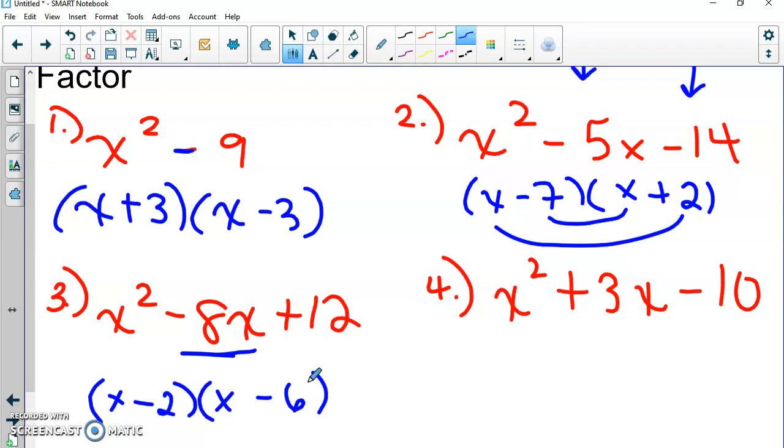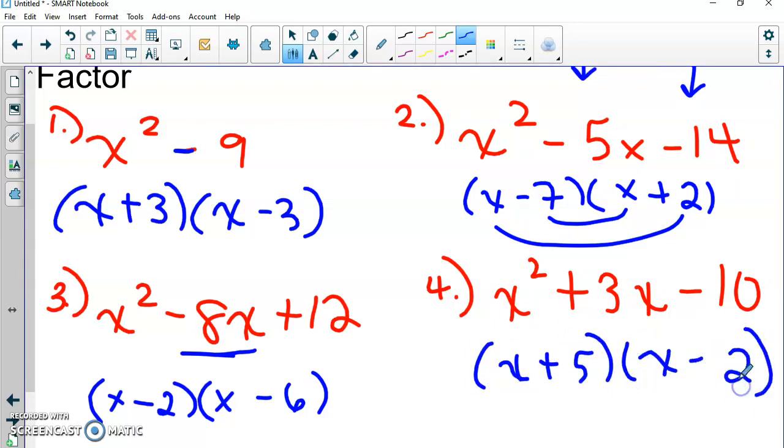All right, and the last one, 2 numbers that multiply to get negative 10, and their sum is positive 3. So this one's going to be x plus 5 and x minus 2. When your last term is negative, you are finding 2 numbers with opposite signs. So one positive, one negative.